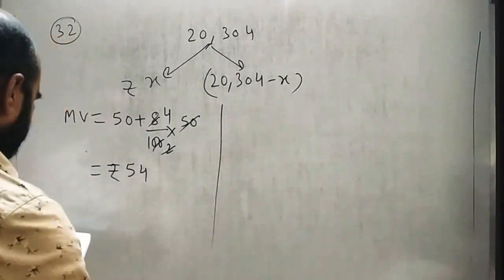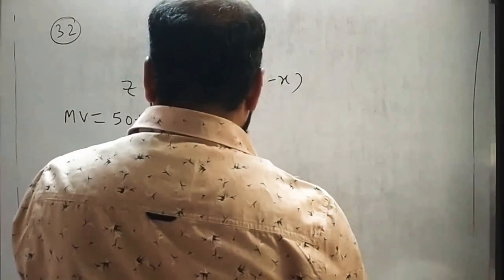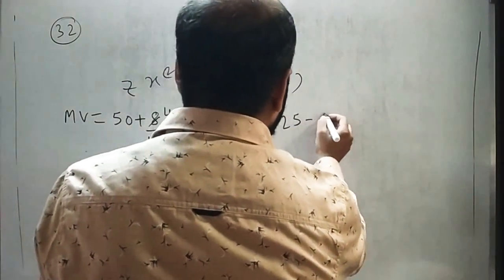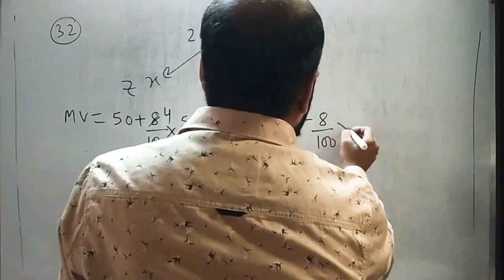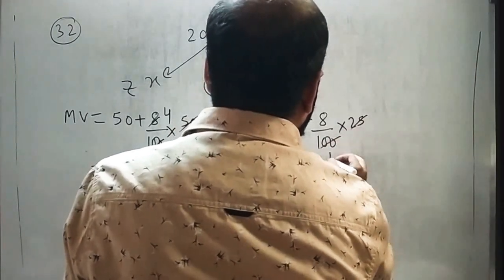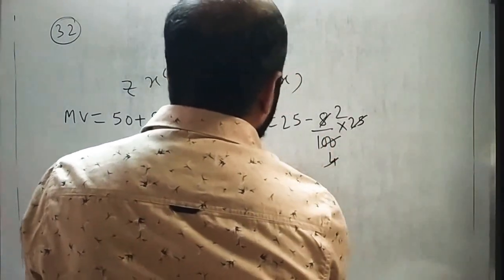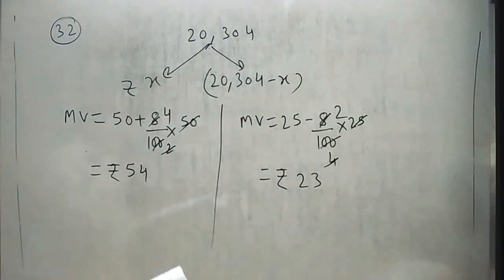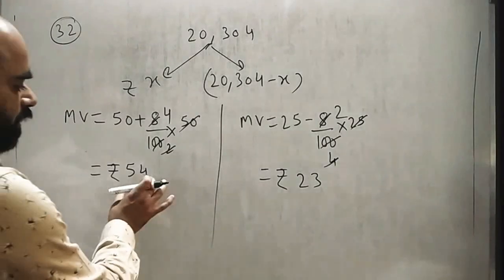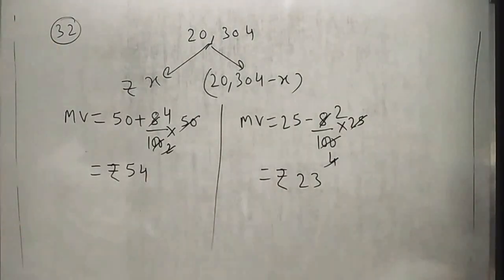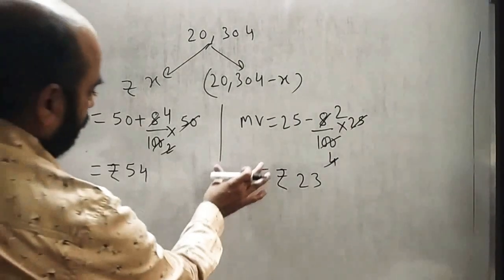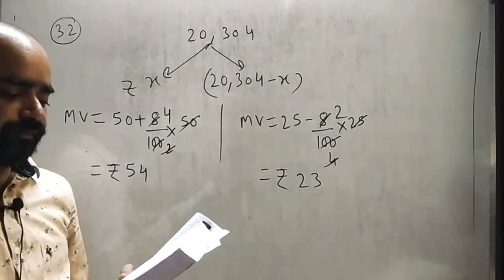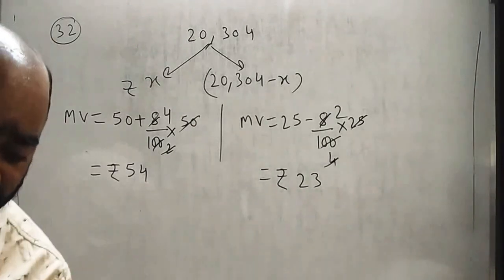Second part, at 8% discount and face value is 25, so that will come 23, correct? So we are having market value as 54 and 23. So first we have to calculate number of shares.